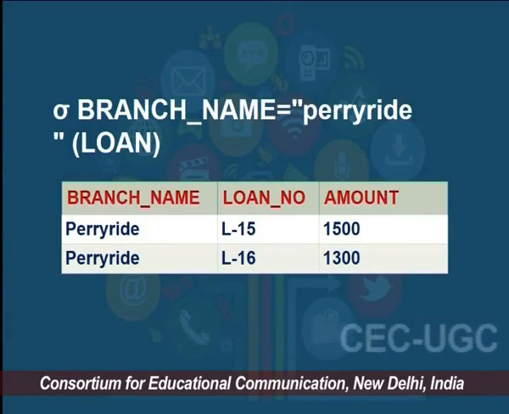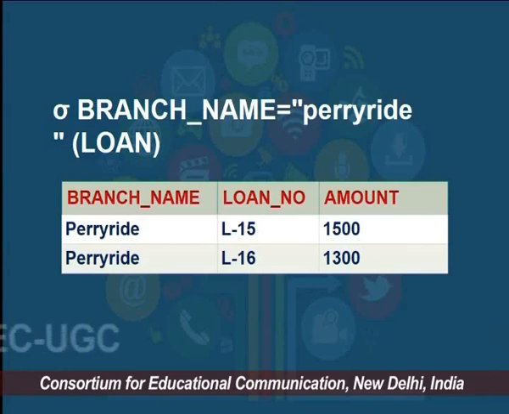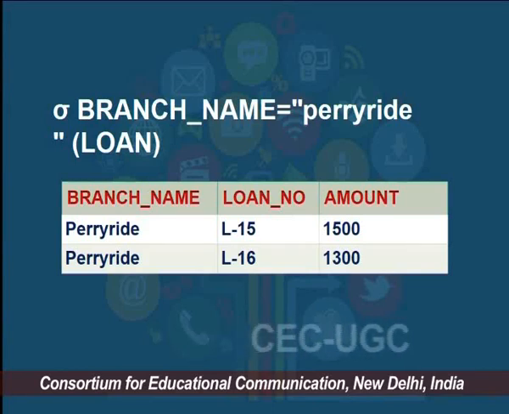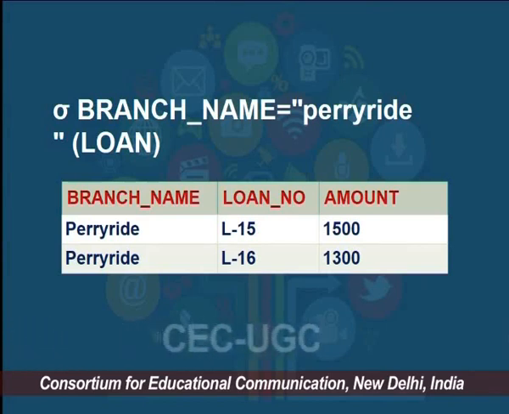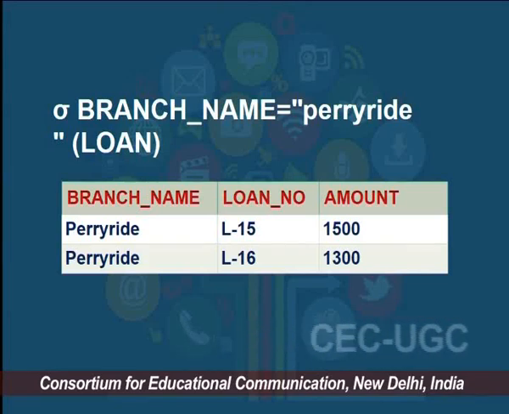On execution of this select operation we will have a result with the same attributes as the original relation loan, because we have not selected attributes or columns here, we have only selected the rows.